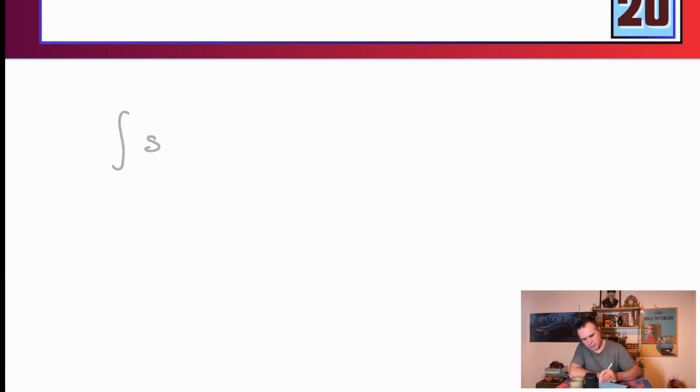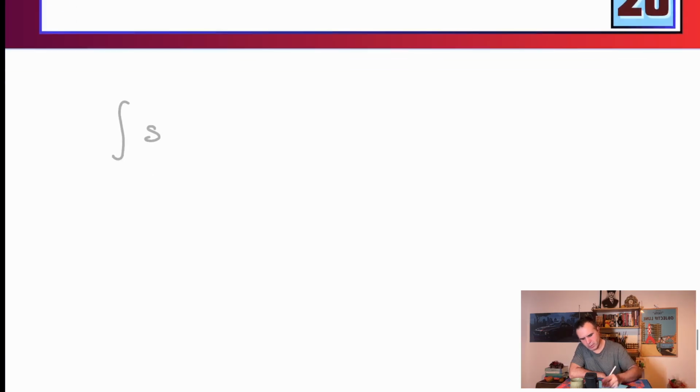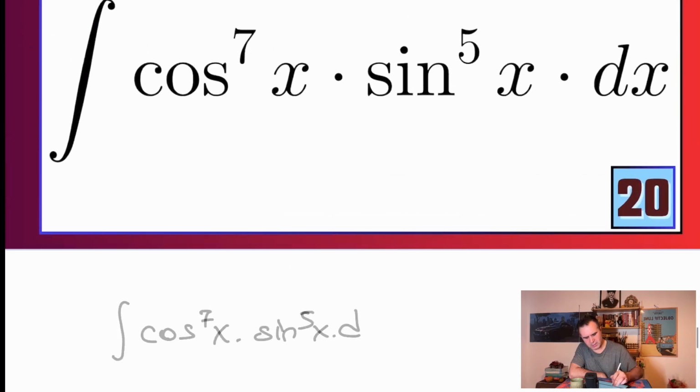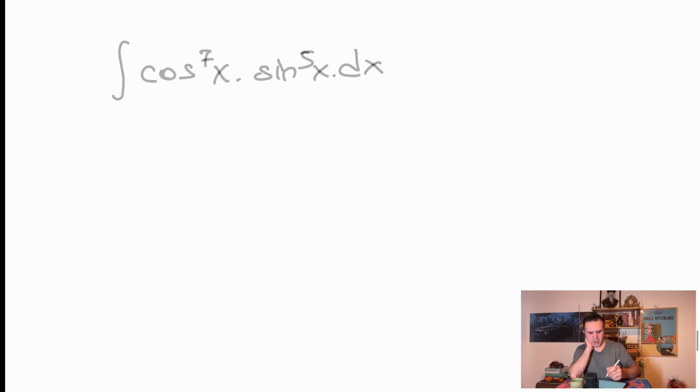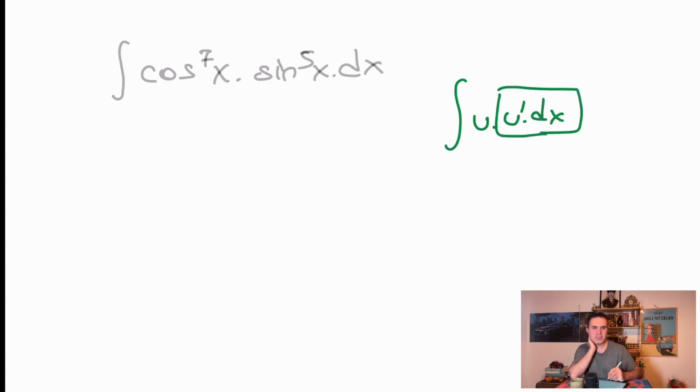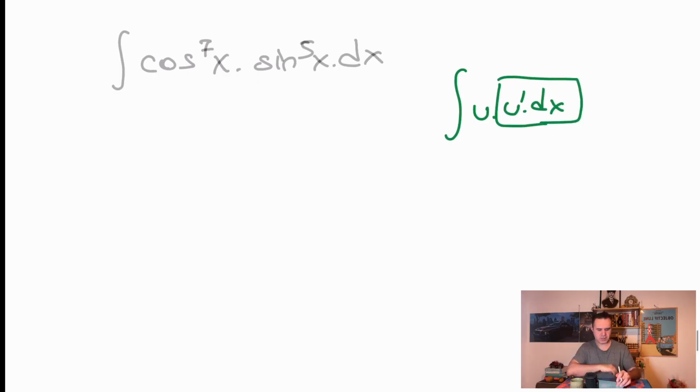The integral of cosine to the power of 7x times sine to the power of 5x dx. Okay. Now, if we have a function of u and its derivative is multiplied by dx, we use substitution to solve the integral.